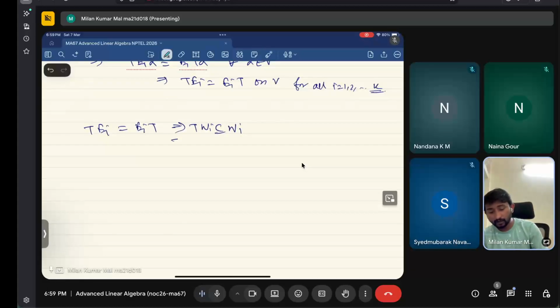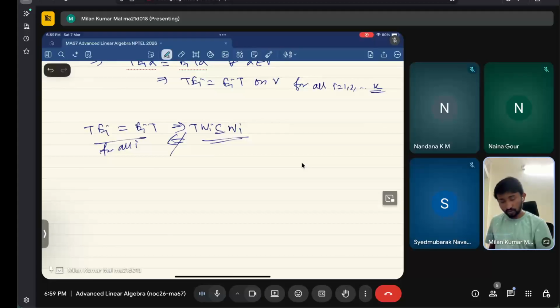But the converse is not true. This is what I want to say. If a fixed Wi is invariant under T, that does not imply that T will commute with Ei. But if this is true for all i, then we will have this for all i.